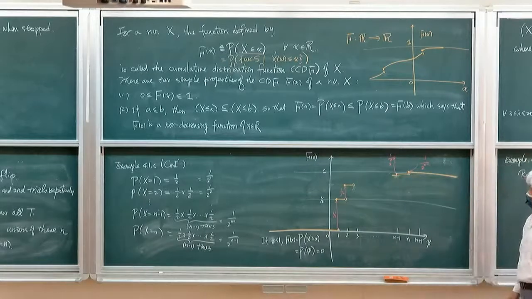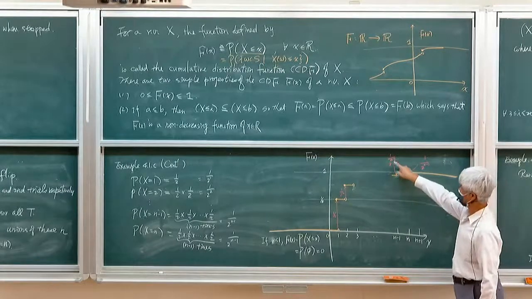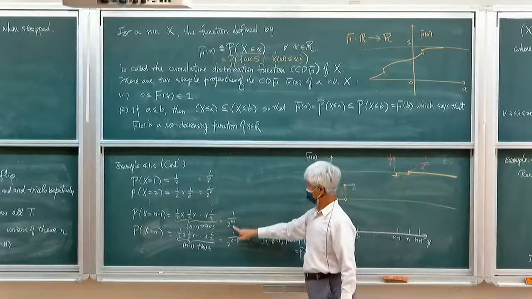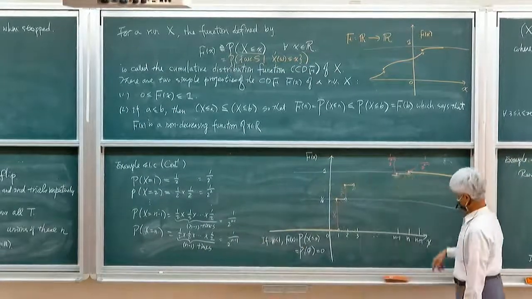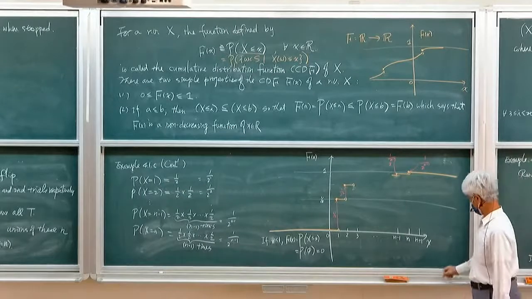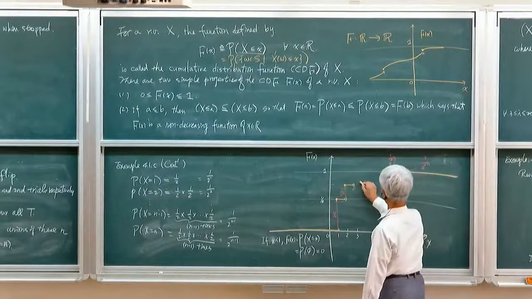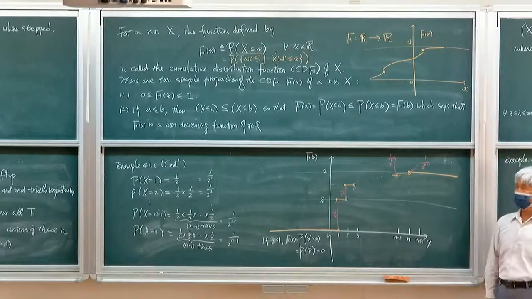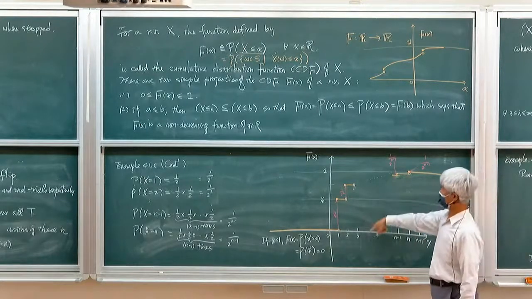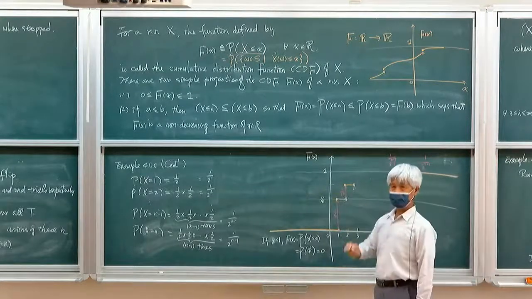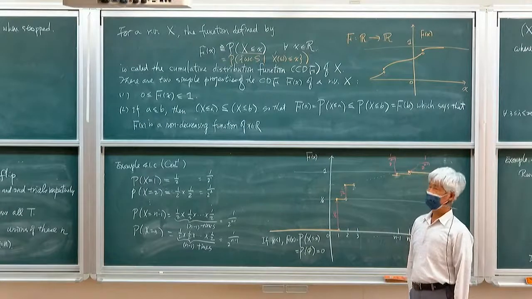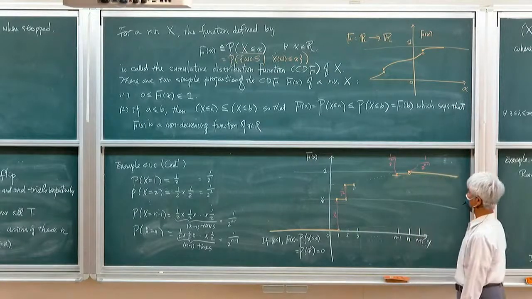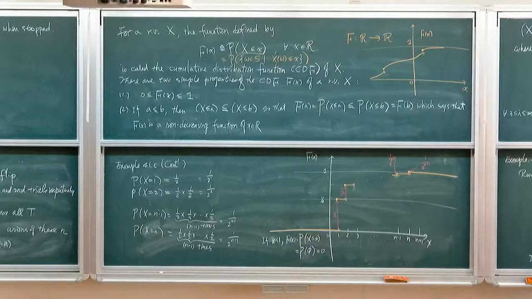The last jump sizes are 1/2 to the n-1 power, etc. So they are going up basically. So this is the CDF for this example. Any questions?